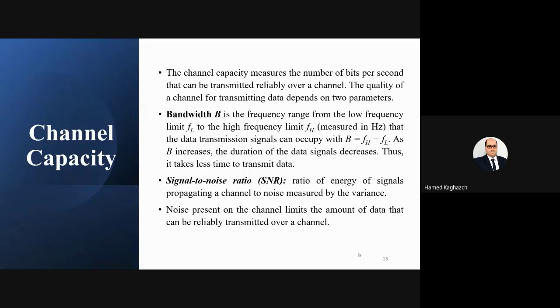And we learned that the SNR is the ratio of the energy of the signal to the noise in the channel, measured by its variance. We know that the noise is measured by its variance. So we know that noise on the channel limits the amount of data that can be transmitted over the channel.